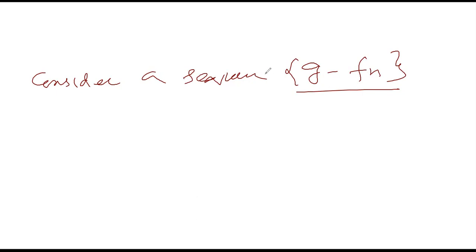It's a sequence of integrable functions because g is integrable, fn is integrable, and you can see this limit inferior of integral of g minus fn is finite because this g is greater or equal to fn. So this limit is finite actually.